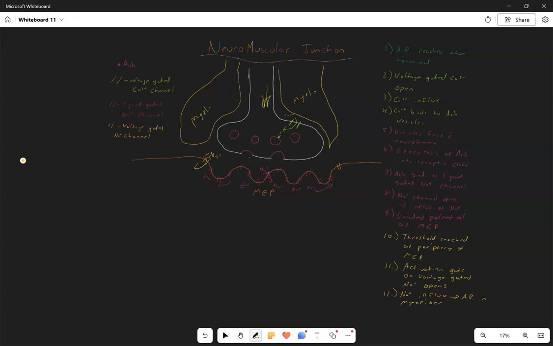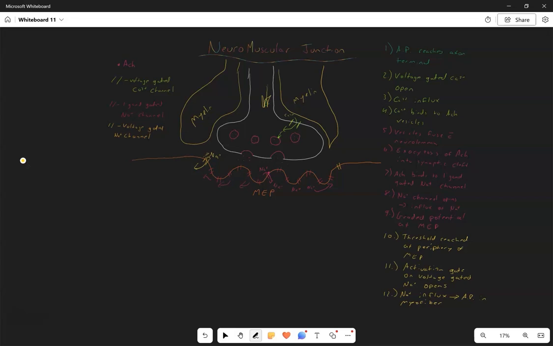Calcium influxes into the cell. Calcium is going to bind to the vesicles, which are going to cause them to fuse with the neurolemma, exocytosing the acetylcholine into the synaptic cleft.